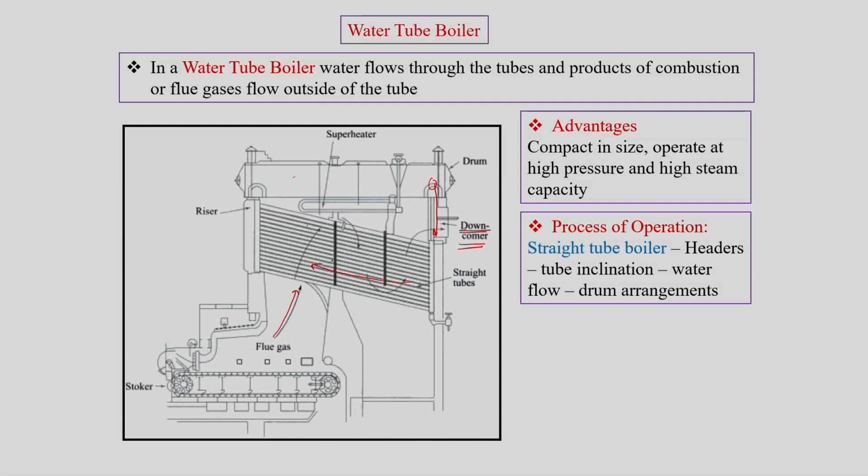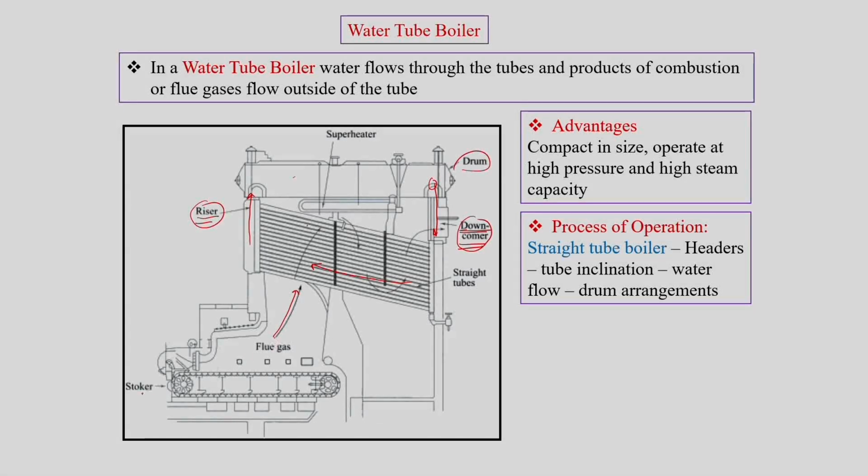So, it goes up in this direction due to buoyancy force, and then it gets collected into the drum through the header which is called the riser, and then again such a circulation loop will continue. So, we have two headers, the downcomer and the riser, and then we have the drum.